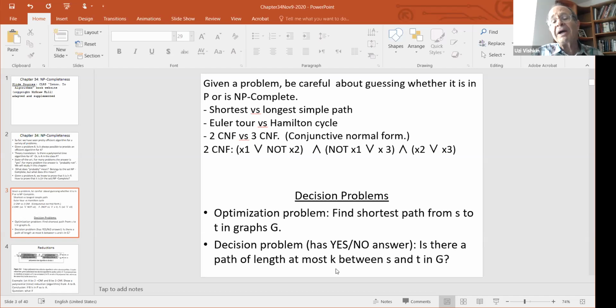And since you can do binary search, which doesn't increase the running time by more than a logarithmic factor, in a fundamental complexity sense the switch to decision problems is not going to be a qualitative difference, because if we can solve the decision problem, we'll be able to solve the respective optimization problem and vice versa.